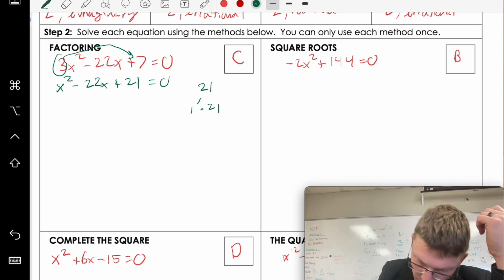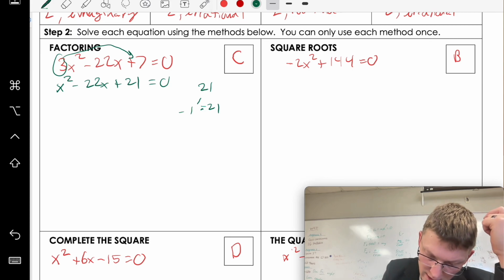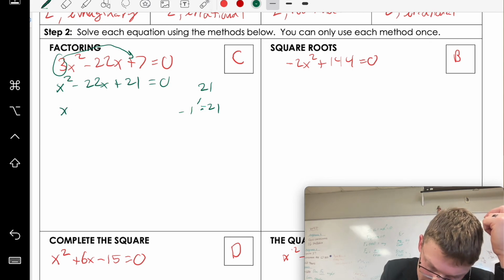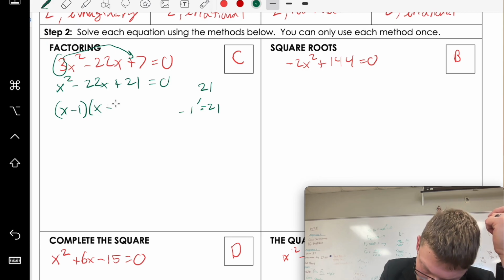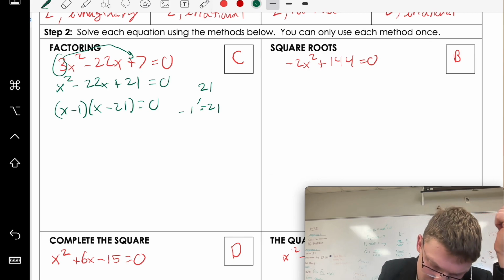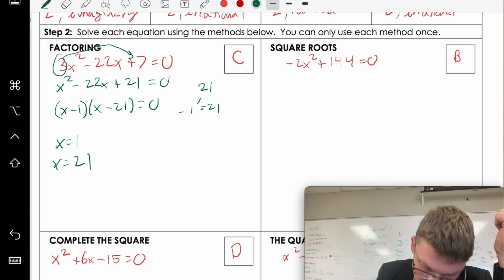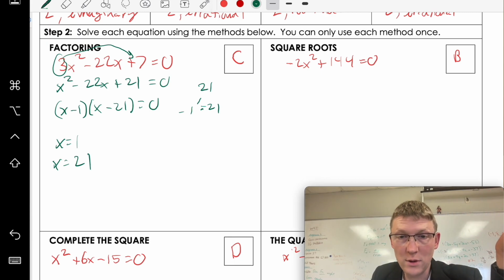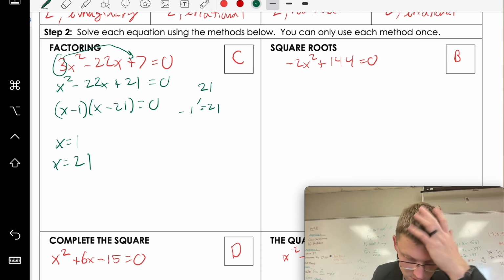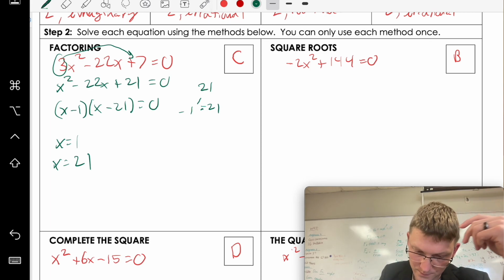And then when they are both subtracted together, they'll give me the negative 22. So I've got x minus 1 times x minus 21 equals 0, which means my answer is x equals 1 and x equals 21. So hopefully you see if you can factor it, it's pretty easy. Oops, except I'm not done yet.